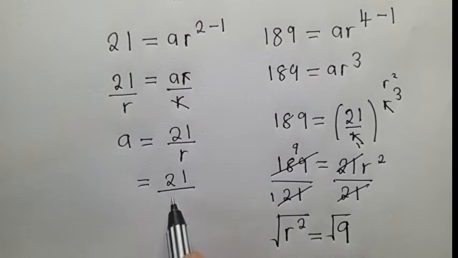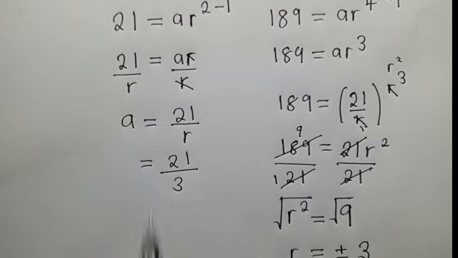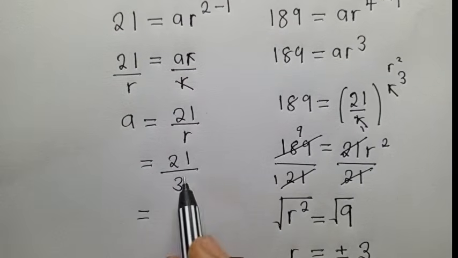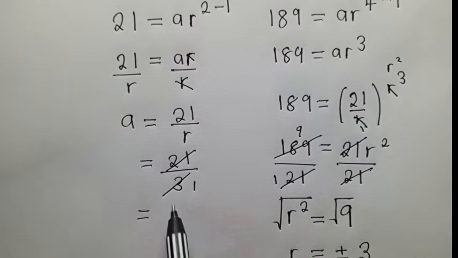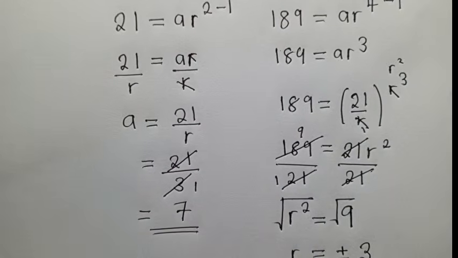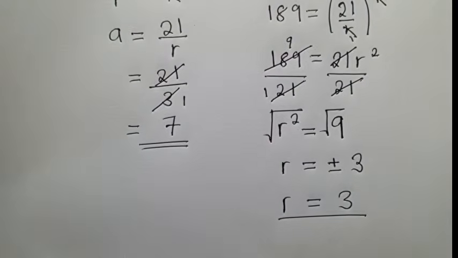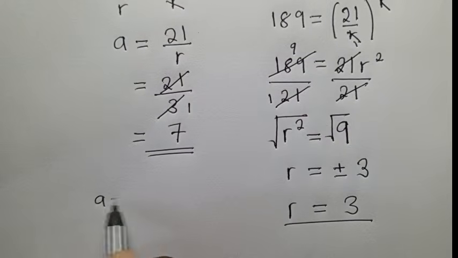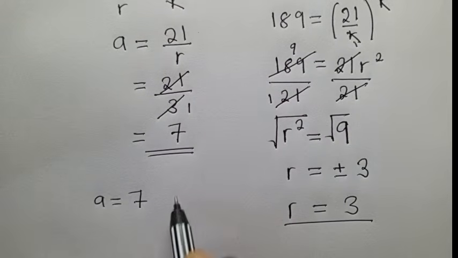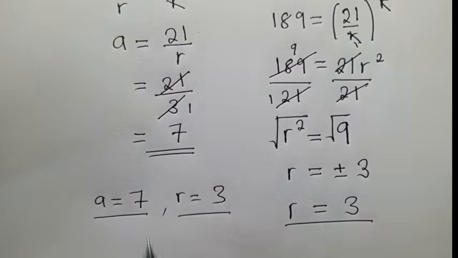What is our R? We just found it to be 3. So 21 divided by 3 is 7. The two things we are looking for are A is 7 and R is 3. These are the two solutions for the first question.